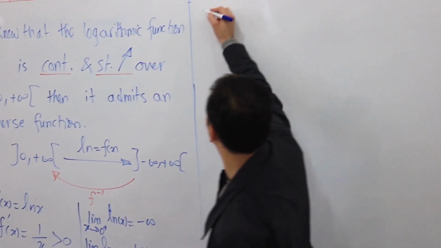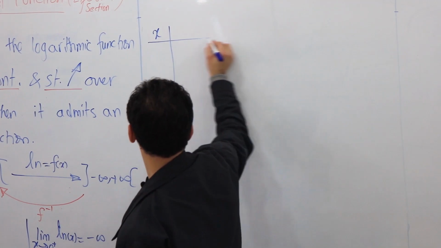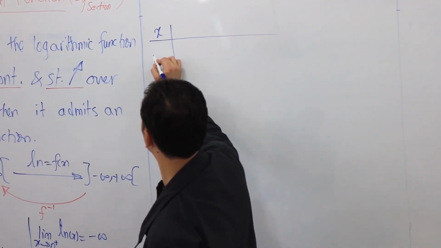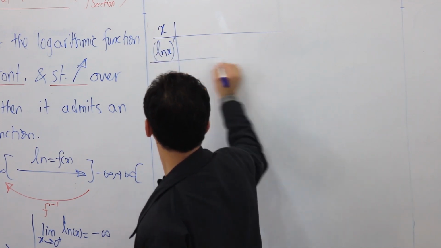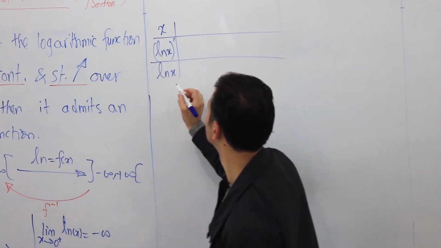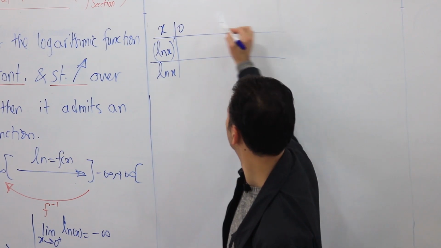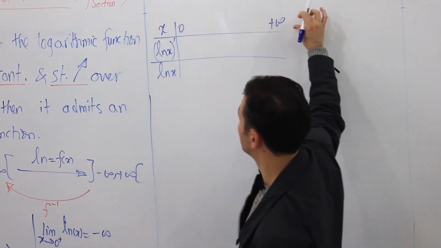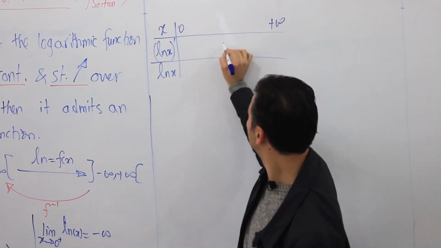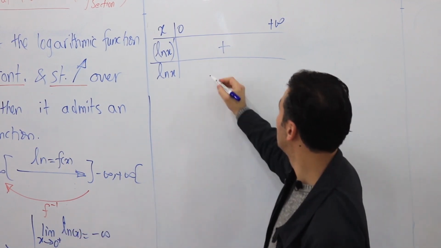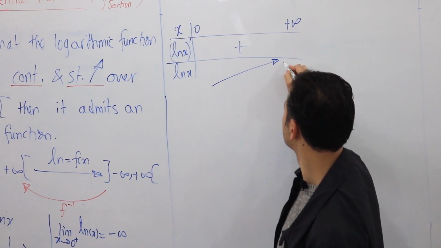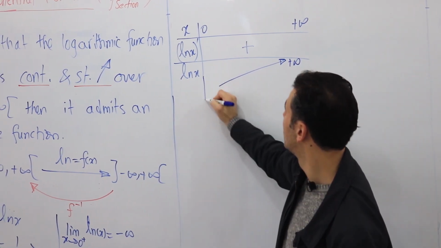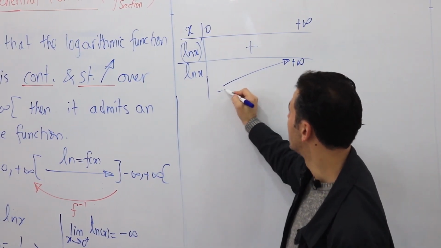Now we can also write down the table of variation of ln x, and this is the domain, the input values of x. As you see, ln x derivative is positive, and this means that the function is increasing over 0 plus infinity, and this is minus infinity.